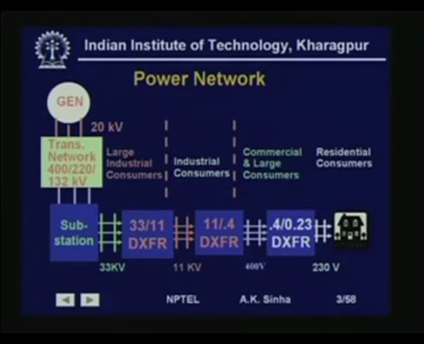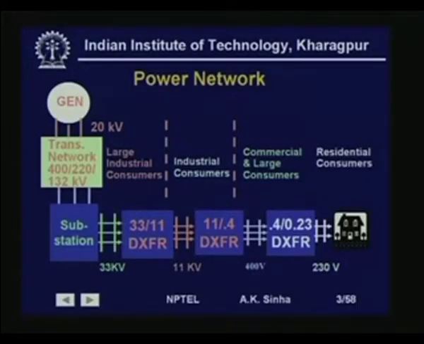It can be brought down to 11 kV and then further brought down from 11 kV to 400 volt or 415 volt to be precise, and this 415 volt 3-phase power is transmitted, and then you get it at your home at 230 volt single phase when you get connected to a line and the neutral of a 415 volt 3-phase system.